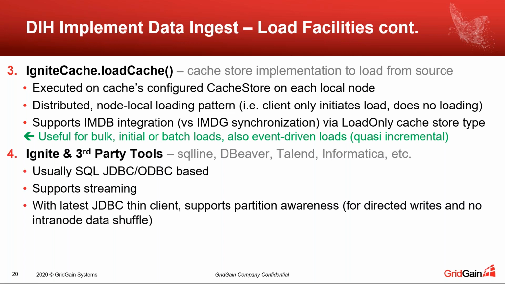And then finally, because Ignite supports common APIs, SQL, JDBC, ODBC, and those even support streaming, you can use third-party tools like SQLite, DB, or Talend, etc. The latest version of the JDBC driver also supports partition awareness, so you will get directed writes directly to the target nodes without any internode data shuffle.